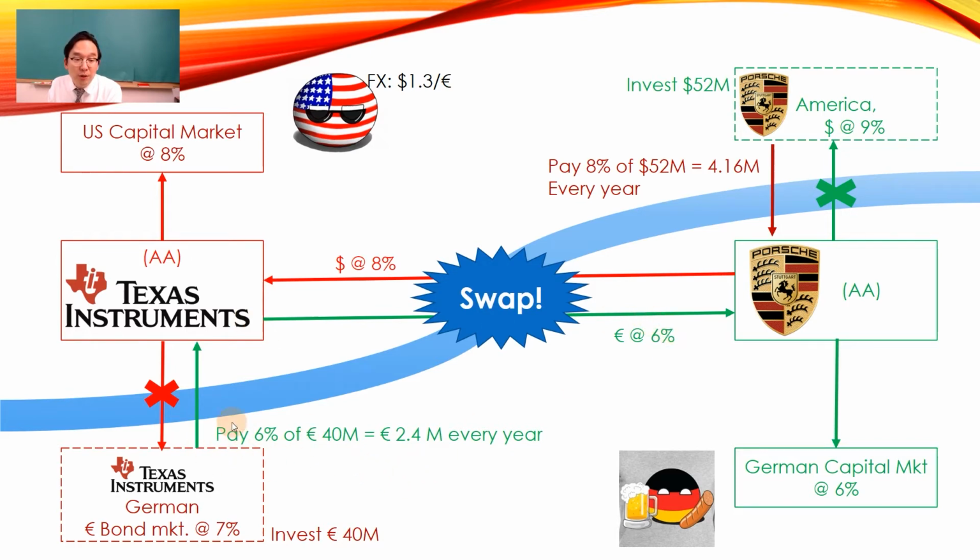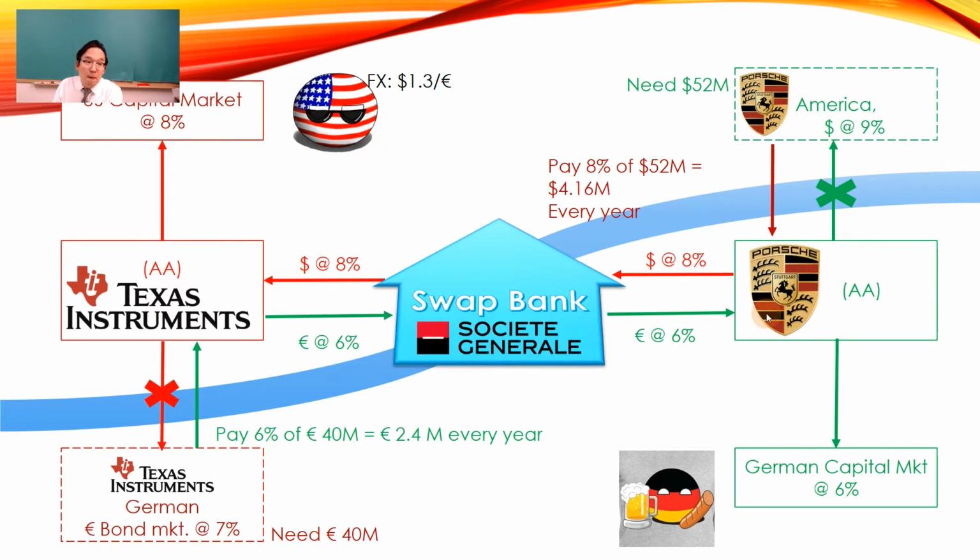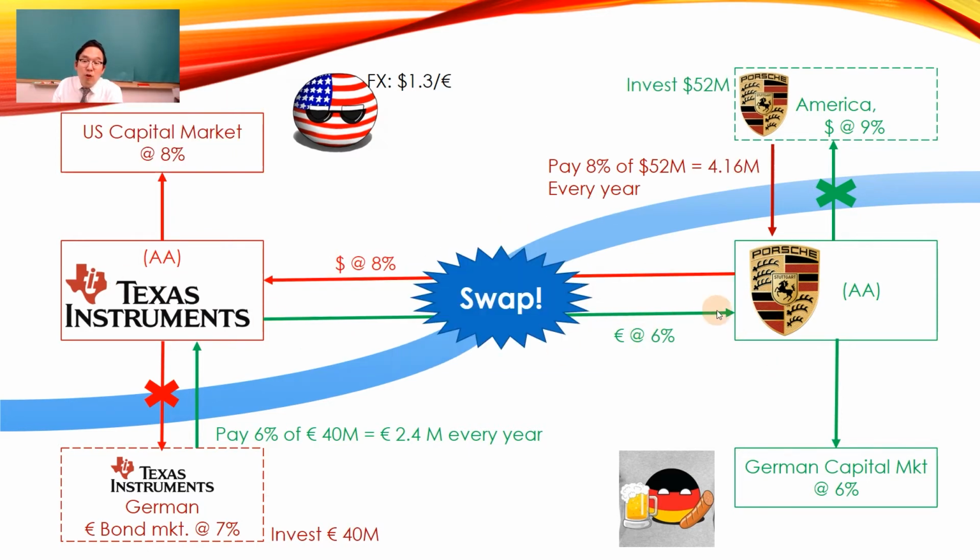The euro currency that you earn, pay back to Porsche, and the US dollar that you earn, pay back to Texas Instruments, through a swap contract at 8% for US dollars and 6% for euro currency. Those swap contracts would relieve the currency risk for each company in different countries in the long run. If these two companies can directly do this kind of swap transaction, that's the best case.